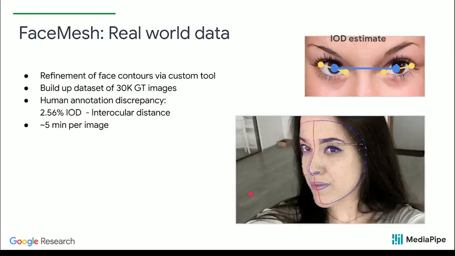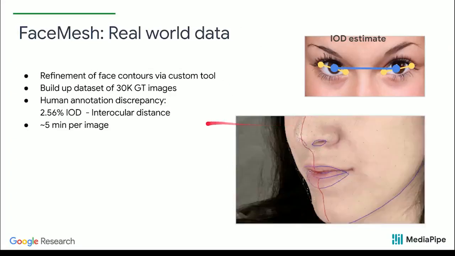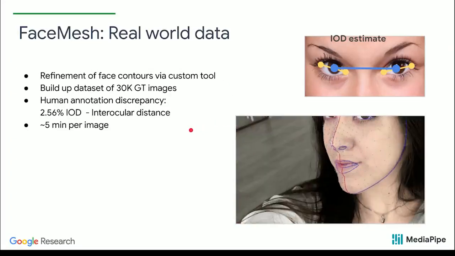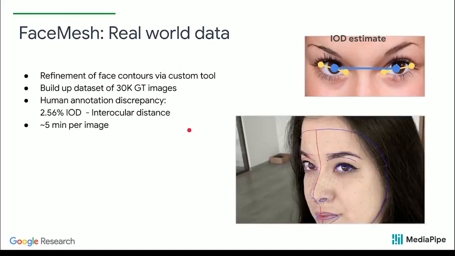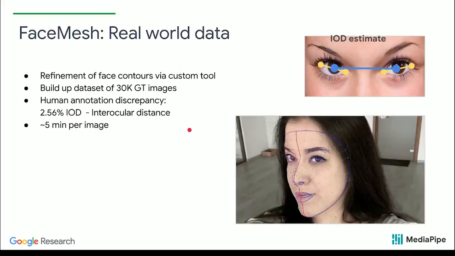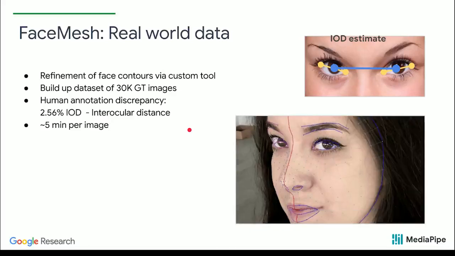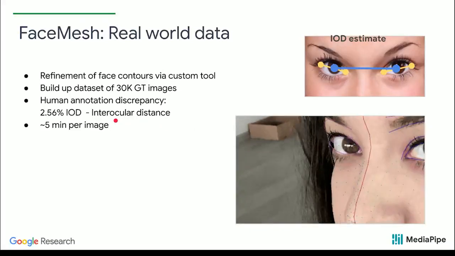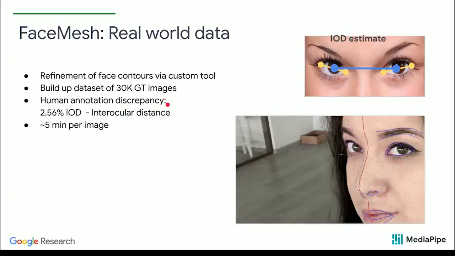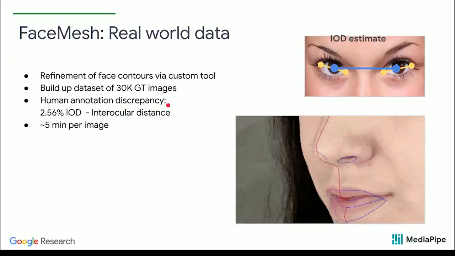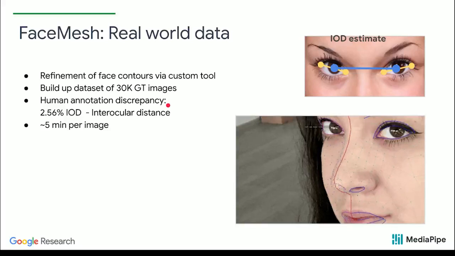Let's have a look at those annotations. Here you can see a recording of annotators moving sets of landmarks and key regions such that they are correctly aligned with the underlying image. It takes about 5 minutes per image. One interesting question is, how good are humans at this task? And so we gave the same image to be annotated to several humans, and we measured the discrepancy.